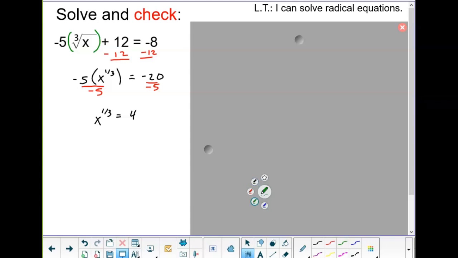Well, now we have the fractional exponent. By the way, just raising it to the 3rd power works, because that's the same as 3/1. So you don't have to put the 1 underneath. And 4 times 4 is 16. 16 times 4 is 64.